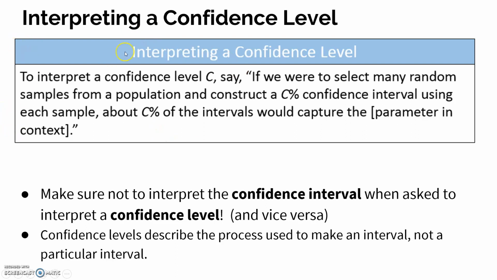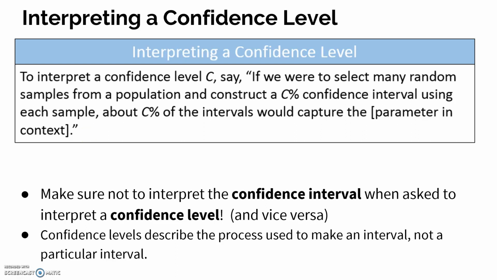I want you to pause the video and copy this interpretation down, because we are going to practice interpreting a confidence level today as opposed to the interval. So copy this down, and we will talk about how we're going to do this in just a moment.